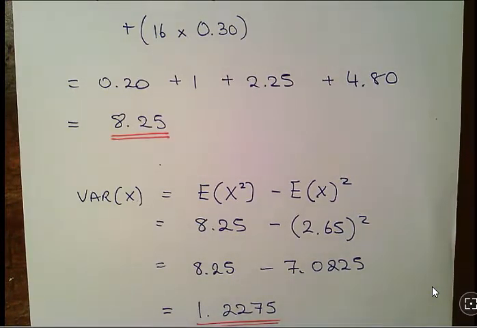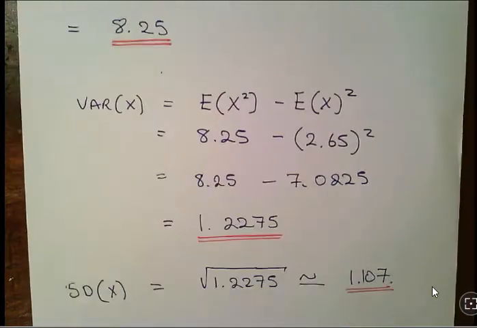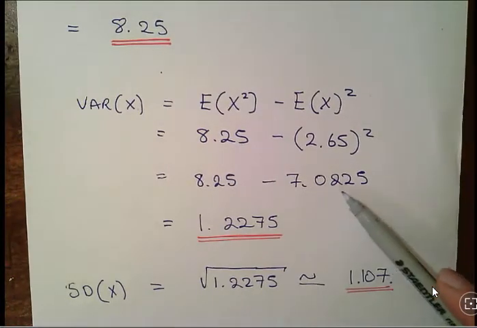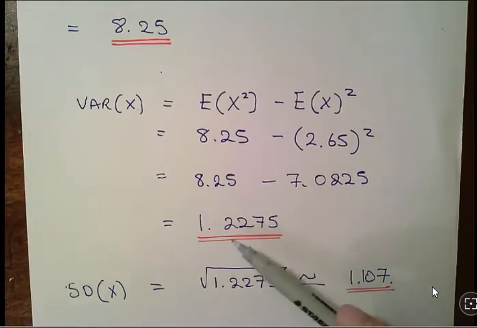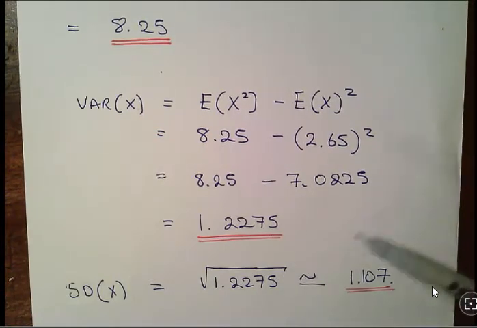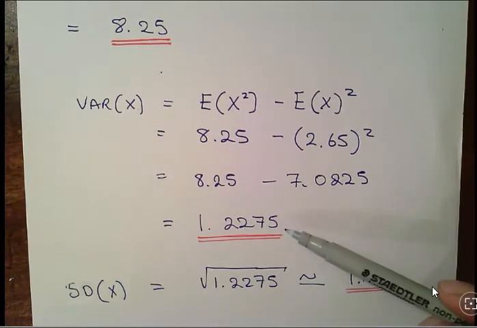They're not the same. Anyway, I digress. This is just a bit of calculator work. 8.25 minus 2.65 squared, that is 8.25 minus 7.0225, which is 1.2275. That is the answer for the variance of x, 1.2275.